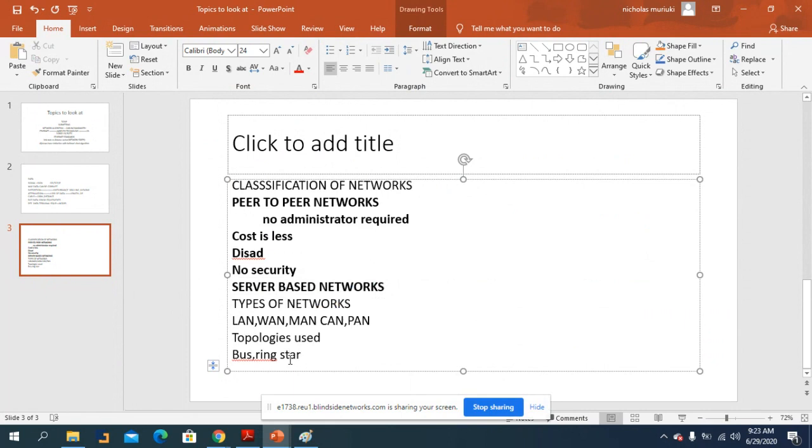But the first thing you're supposed to understand is the media or the communications. Then we look at the topologies, then we look at the size of that network. Is it too large or too small?